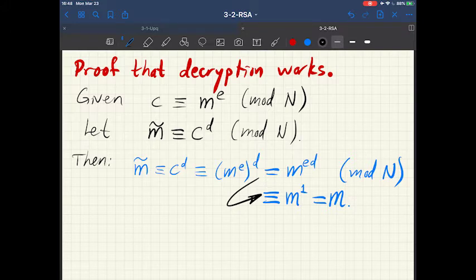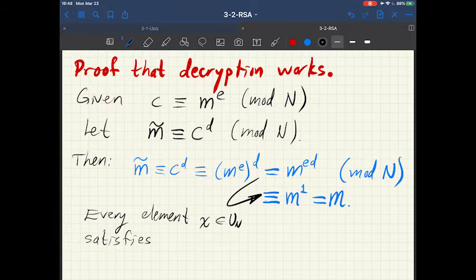The reason behind this is the key to understanding the structure of Z mod n that helps this be true. The reason is that every element x of U_n satisfies x to the L is congruent to 1 modulo n.